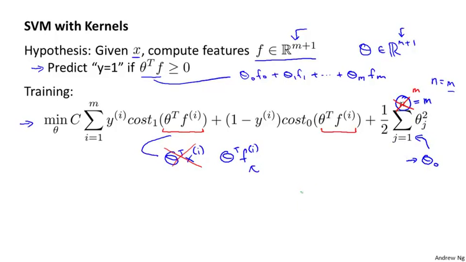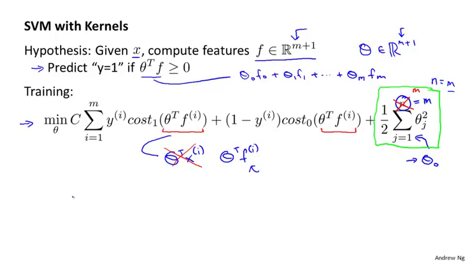So that's the support vector machine learning algorithm. There's one mathematical detail aside that I should mention, which is that in the way a support vector machine is implemented, this last term is actually done a little bit differently. You don't really need to know about this last detail in order to use support vector machines, and in fact the equation that I've written down here should give you all the intuitions that you need.